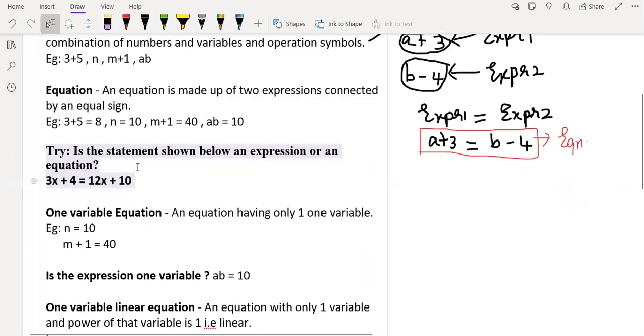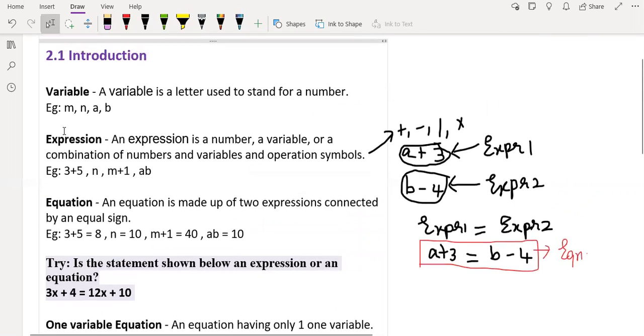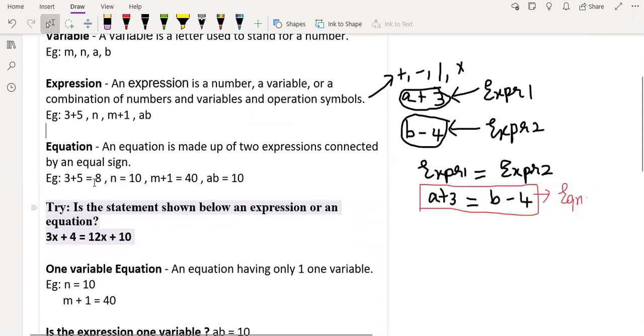So let's try an example from the things we have learned just now. Let us try this very small example. They're asking, is the statement given below an expression or an equation? Okay, let's solve this. The left hand side which is given is 3x plus 4.